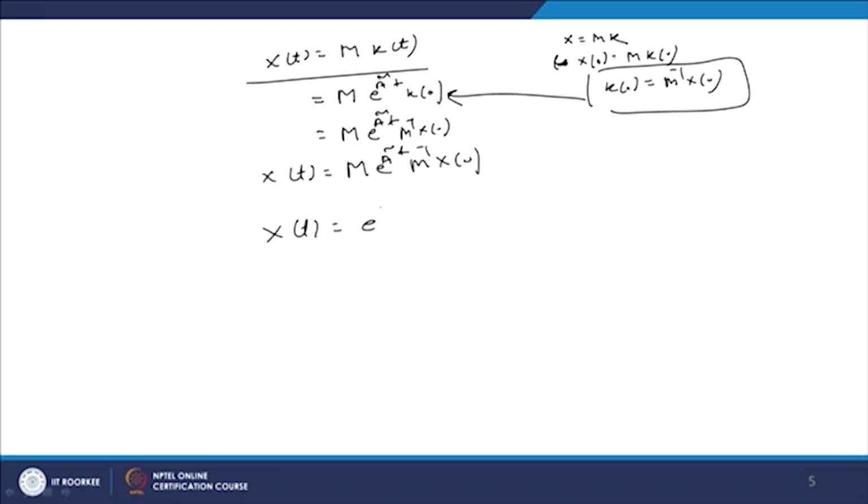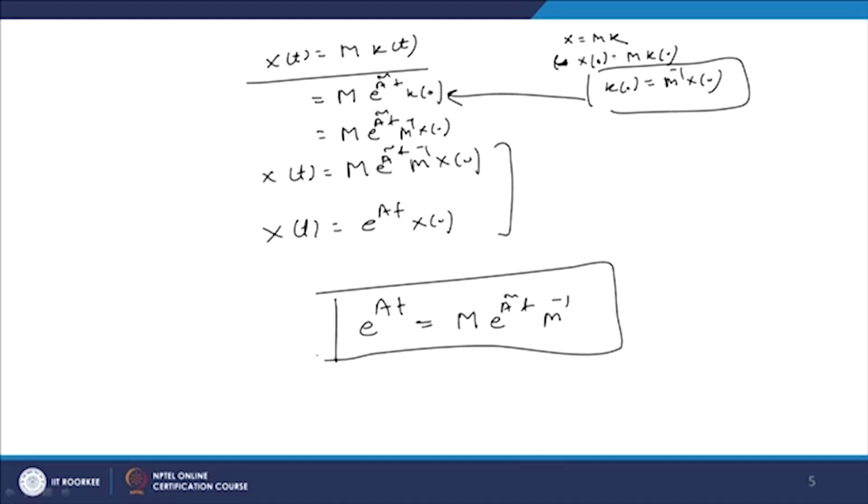And we know that this x of t equals e raised to A t into x naught. So if you compare these equations, we get e raised to A t equals M e raised to A bar t into M inverse.